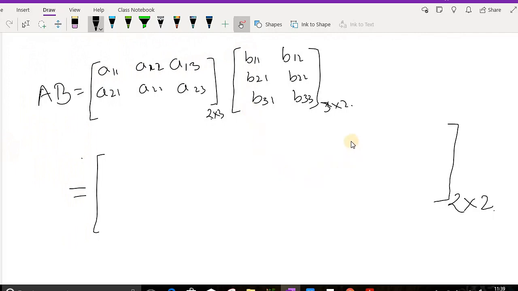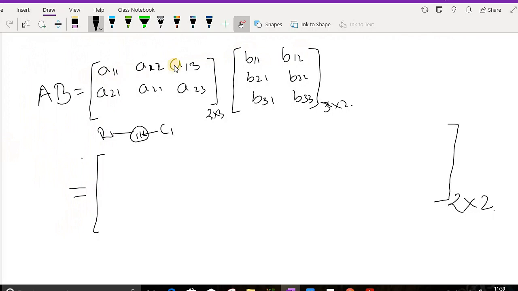To get the second element, the 1,2 element, we multiply the first row with the second column of the second matrix. For the 1,1 position, we have to multiply R1 with C1.